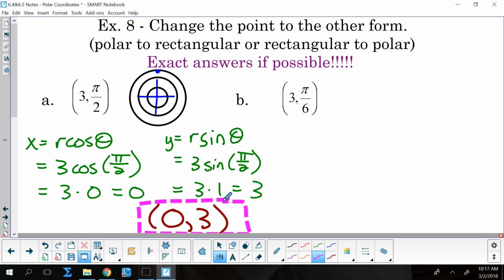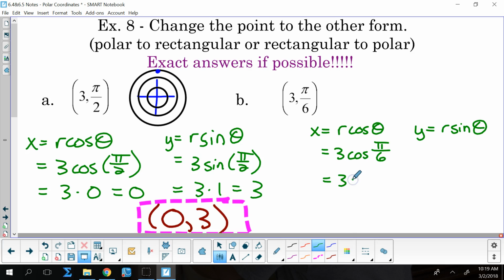Please try letter B. So we've got x is r cosine theta, so that's going to be 3 times the cosine of pi over 6. The cosine of pi over 6 is square root of 3 over 2.